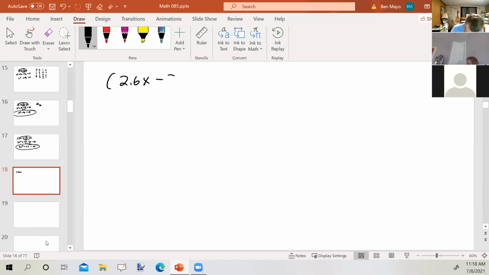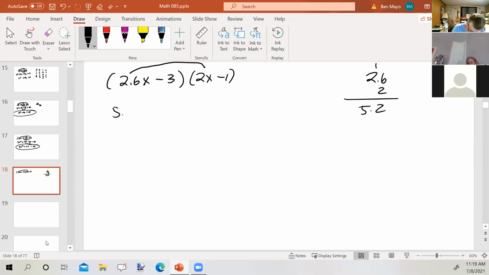2.6x minus 3 times 2x minus 1. All right. 2.6x times 2x. Well, 2.6 times 2 is 5.2x squared, because we have x times x. 2.6x times minus 1 is minus 2.6x.